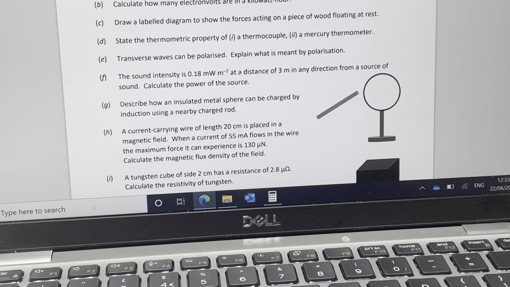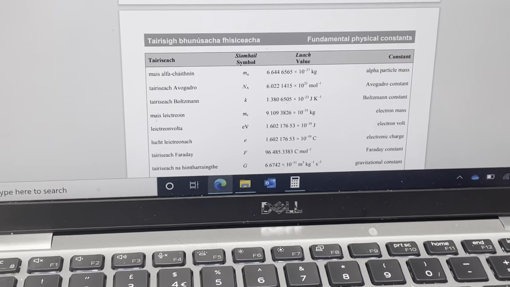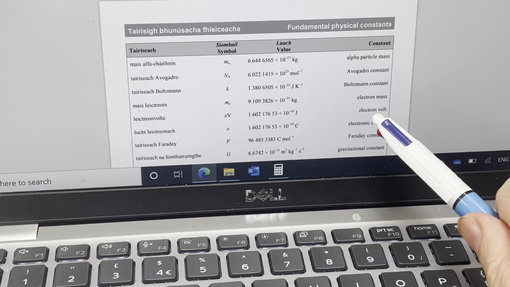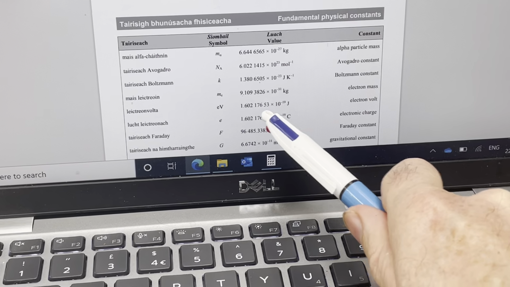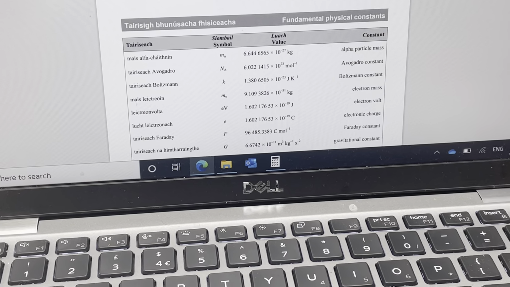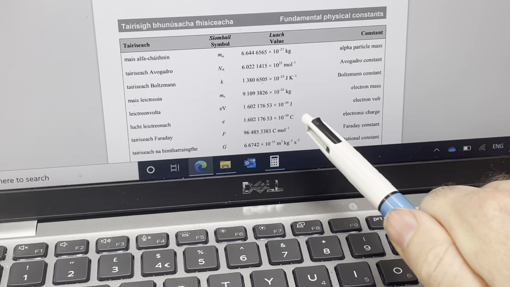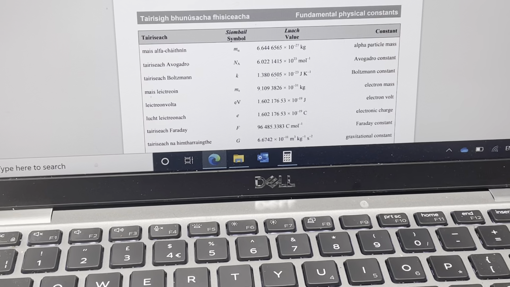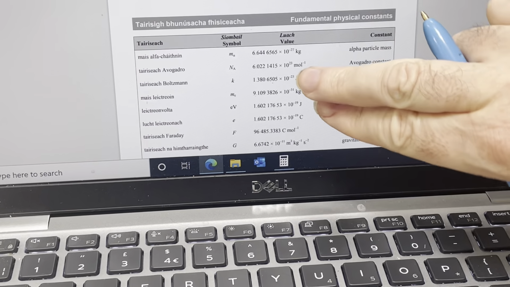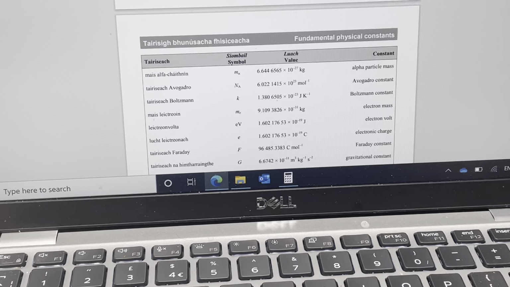And then an electron volt is given in our formula tables. So where is that? Electron volt here. An eV is equal to 1.6 by 10 to the power minus 19. That's a pretty small number.